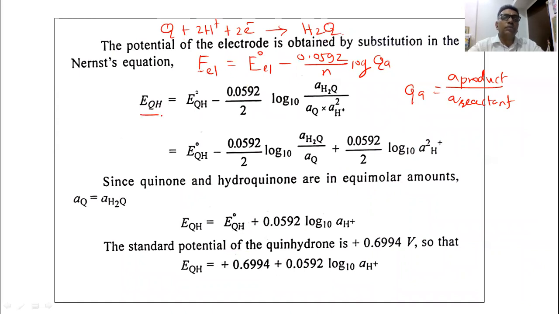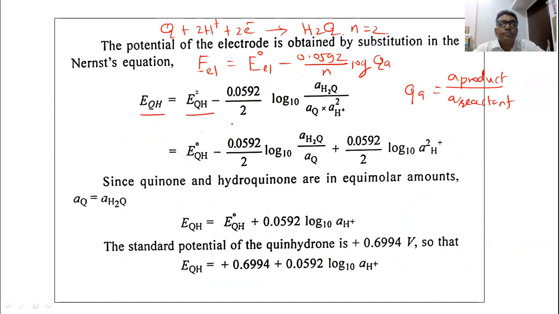The electrode potential of the quinhydron electrode is equal to the standard potential of the quinhydron electrode minus 0.0592 divided by 2, with n equal to 2 here, as 2 electrons are required for the reduction reaction, log to the base 10 of the activity of the product divided by the activity of the reactant.